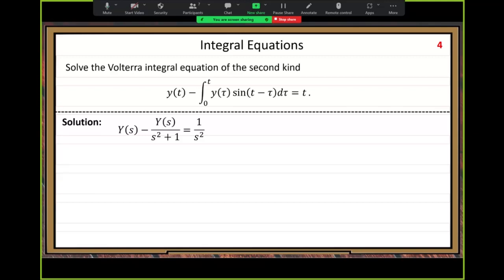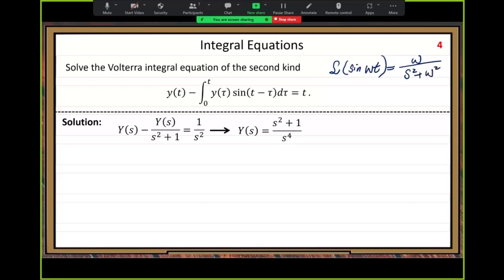For reference, the Laplace transform of sine of omega t equals omega over s squared plus omega squared.